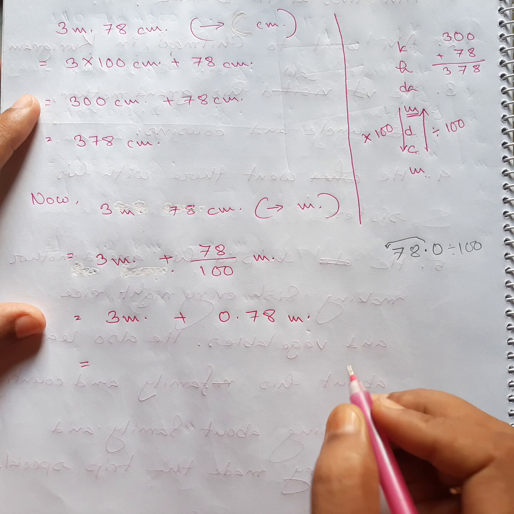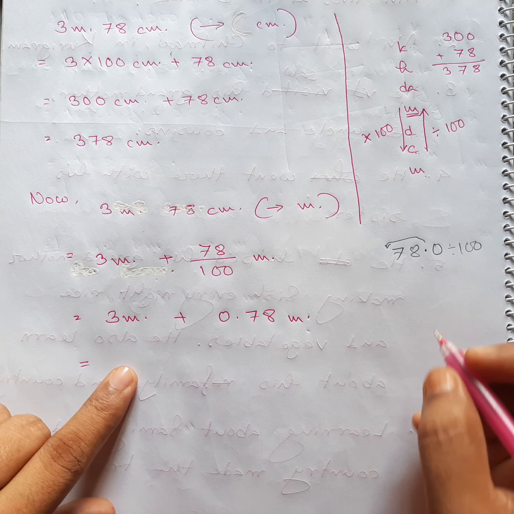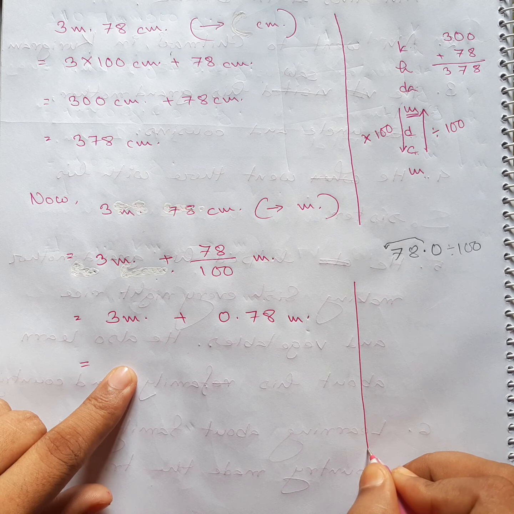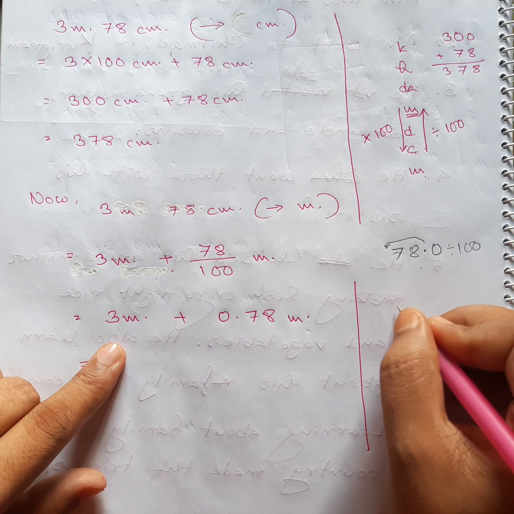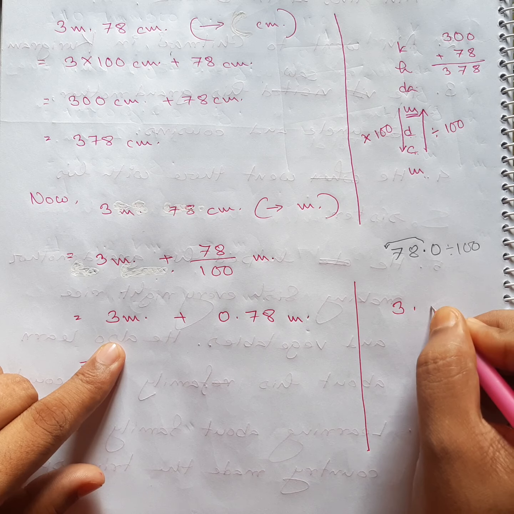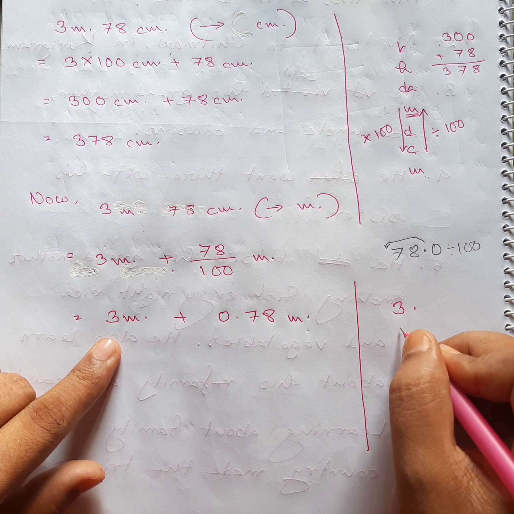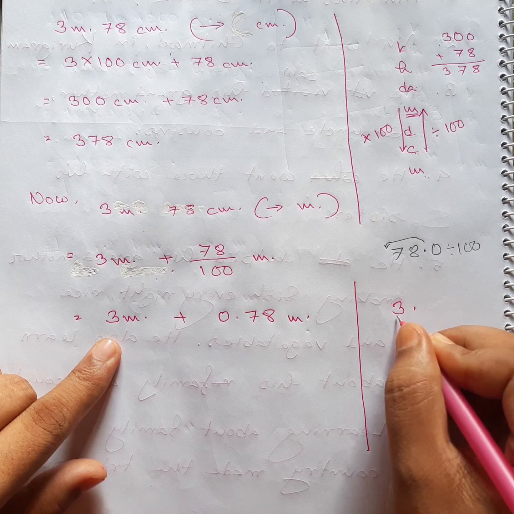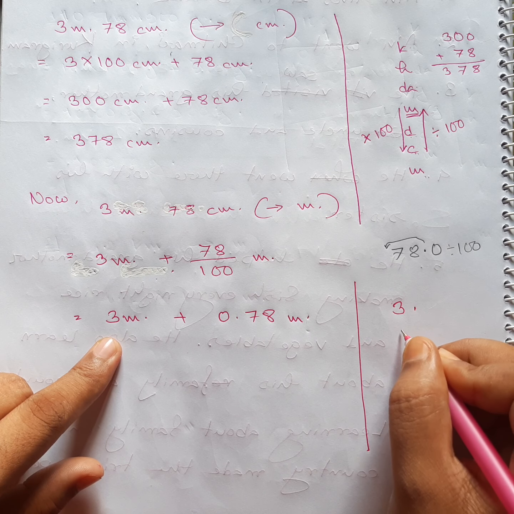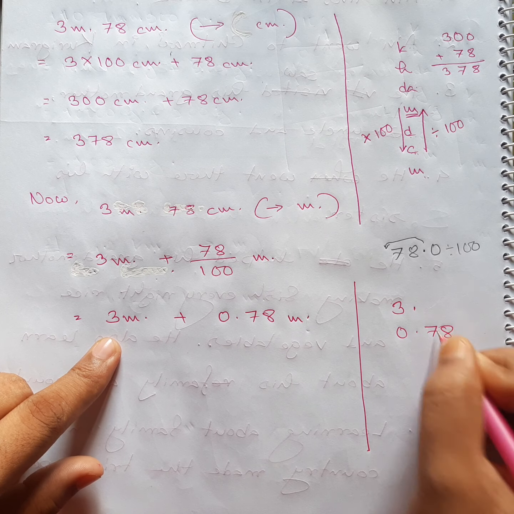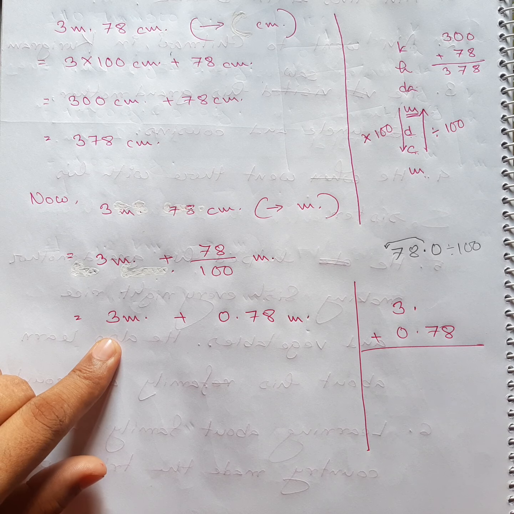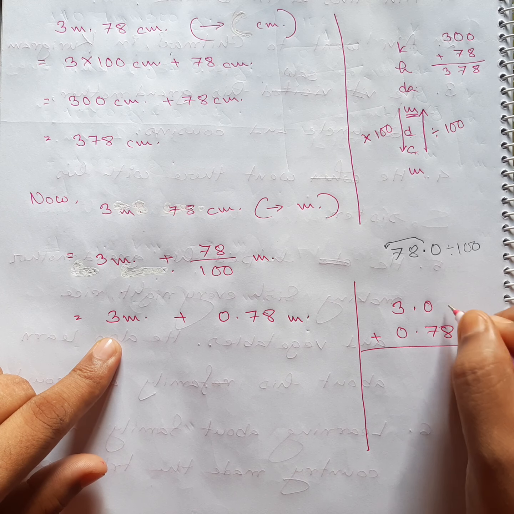Anyway, nothing matters. Now you can see another part from the decimal chapter. 3.3 is an integer. Okay, that means it has a point at its back, and 0.78 we have to add it. Now adding it means we have to put zeros.